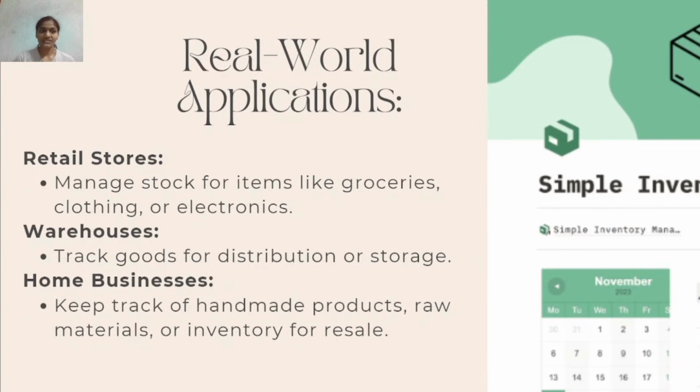Real world applications. Retail stores to manage stock for items like groceries, clothing, or electronics. Warehouses to track goods for distribution or storage, home businesses to keep track of homemade products, raw materials, or inventory for resale.